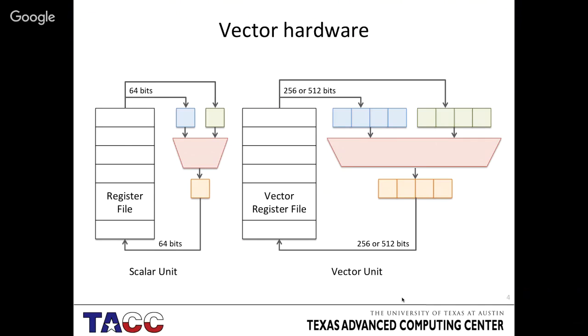And so we get a load of the whole register over here into this vector unit, and then it will take A0, B0, multiply them together at the same time as A1, B1, and so on.